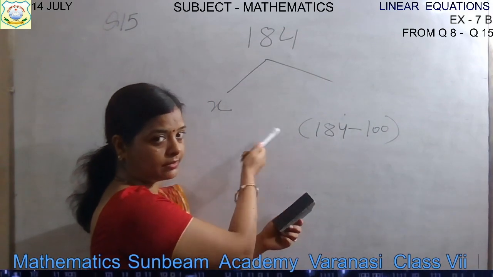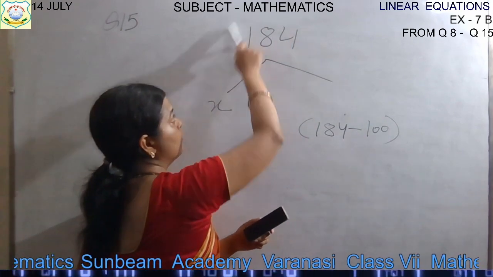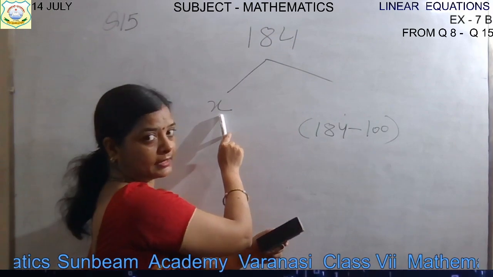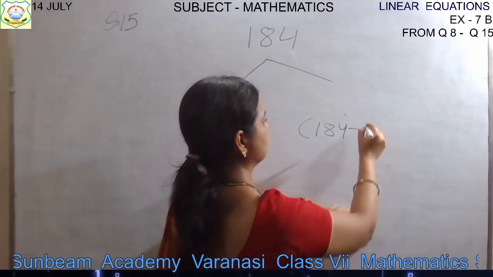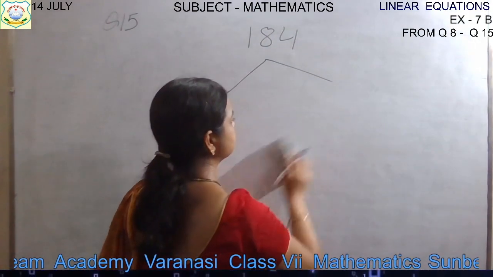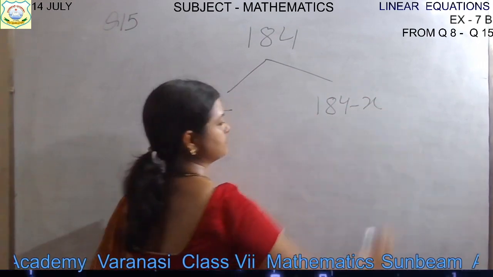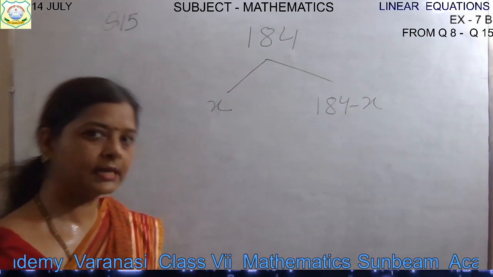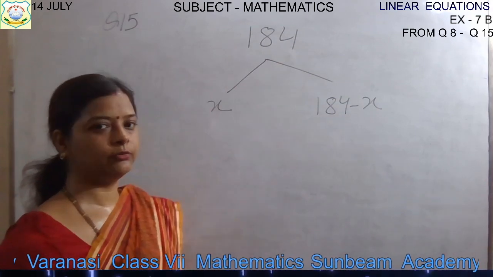We don't know if it is 100 or what. So the second number will be, out of 184, when you subtract x, 184 minus x. This will be the second number. Just write down properly: 184 minus x. This will be the second number. When you add them, you will get 184.